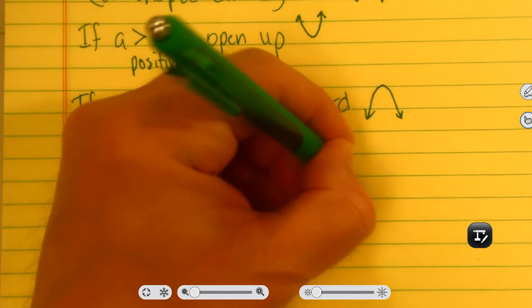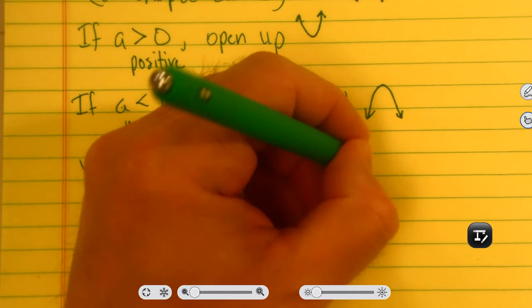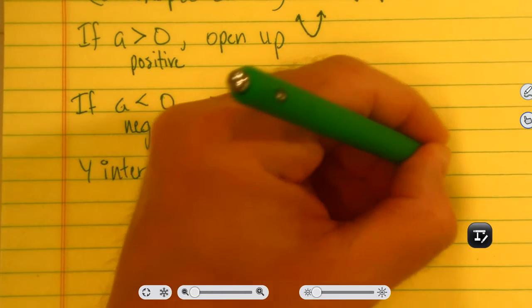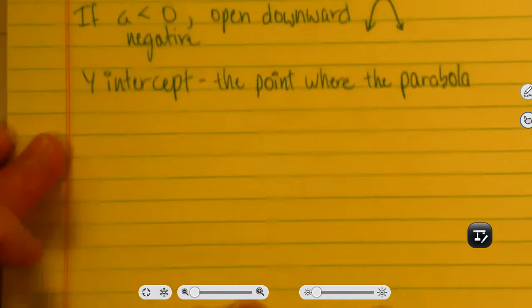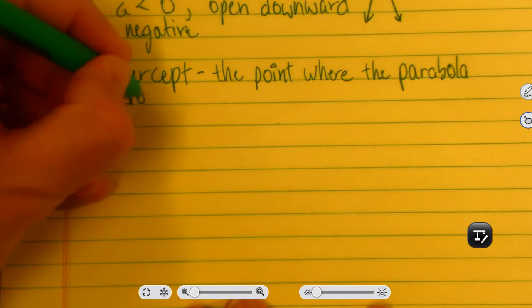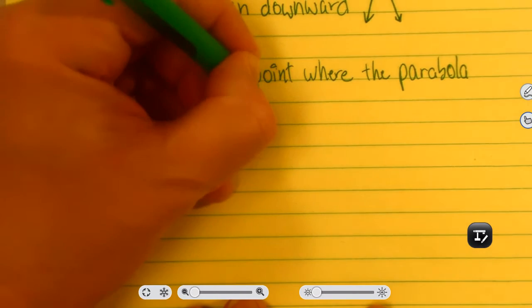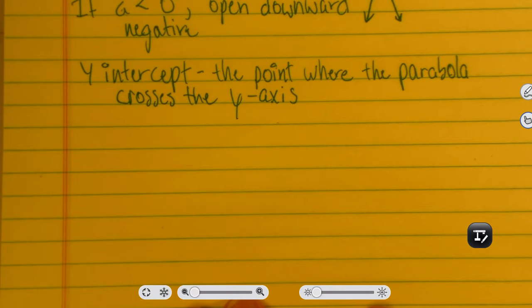And there's only one of those, okay? It's the point where the parabola crosses the y-axis, okay? And again, this is a single point.